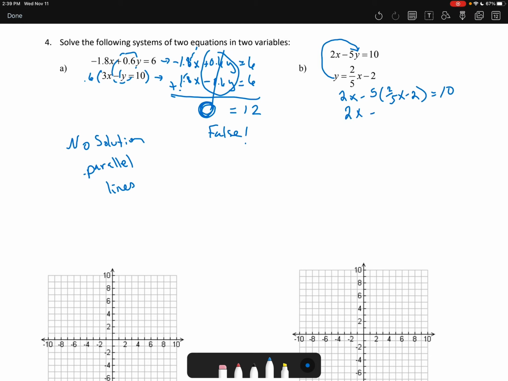The 5's are going to cancel out there, leaving us with negative 2x. That's a positive 10 equals 10. The x's cancel each other out, so we get 10 equals 10. In this case, again, all of the variables dropped out, but what I was left with was a true statement. When it's true, we have infinite solutions.